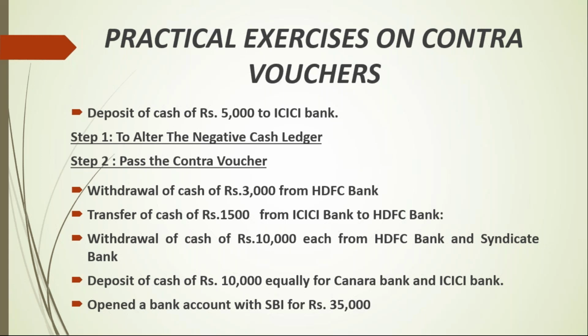Now here you have to assume that 10,000 is deposited for Canara Bank and 10,000 for ICICI Bank, because one of the presumptions can also be that 10,000 equally is 5,000 for Canara Bank and 5,000 for ICICI Bank. No. So here we have to deposit 10,000 for Canara Bank and 10,000 for ICICI Bank. So here also we have more than 1 bank involved, so this is also a compound journal entry. So here the withdrawal and the deposit entries both reflect compound journal entries. So let's pass the entry.